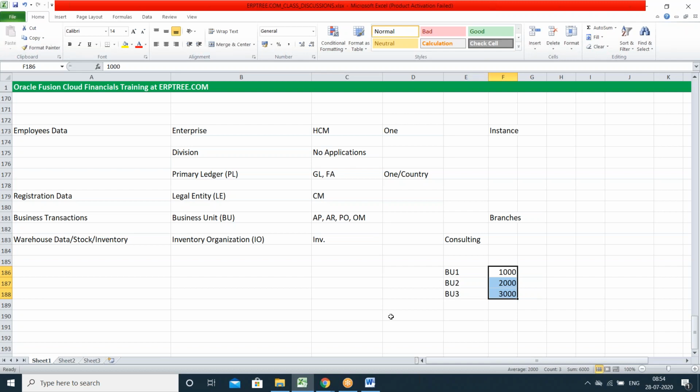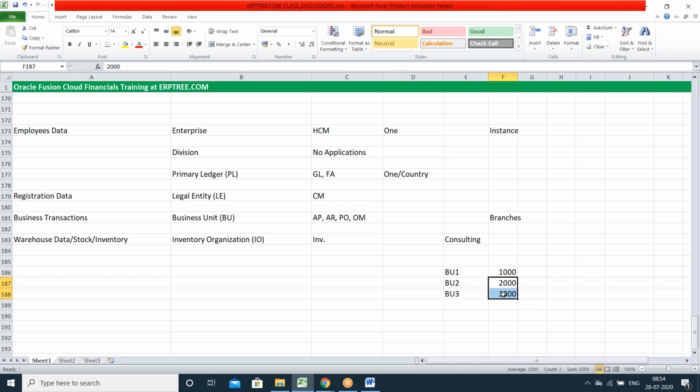For example, one company, 1,000 company, we have BU1, BU2, BU3. Can't we take under 1,000 BU1, BU2? Can't we report that? Under this 1,000 company, I need only the BU1 transactions. Got it.